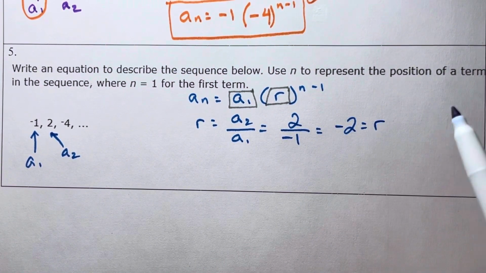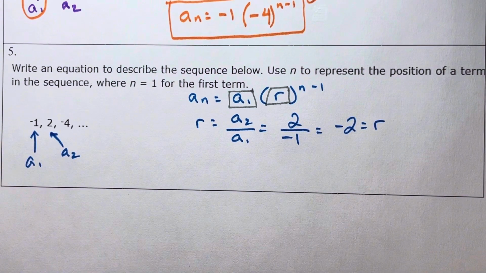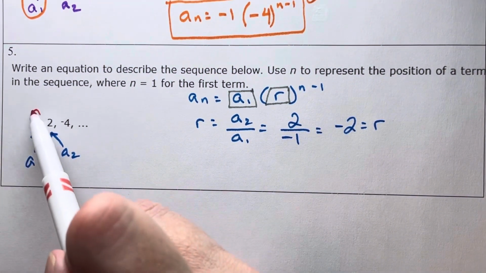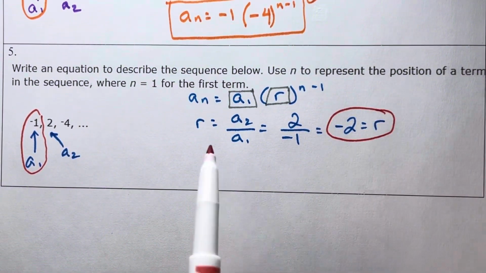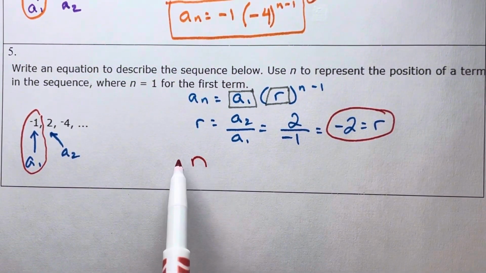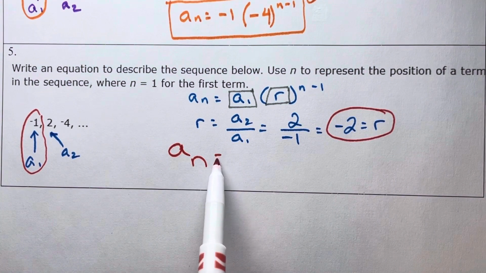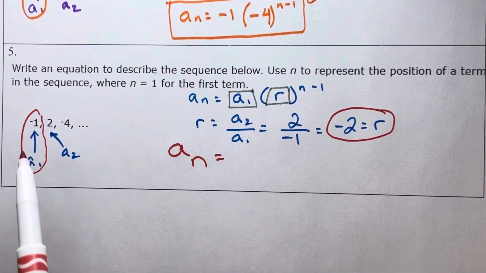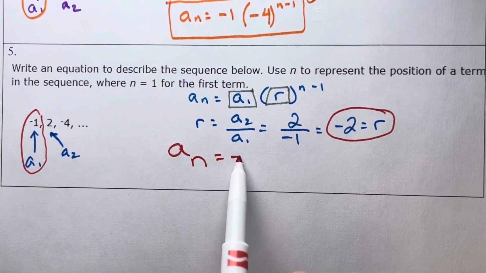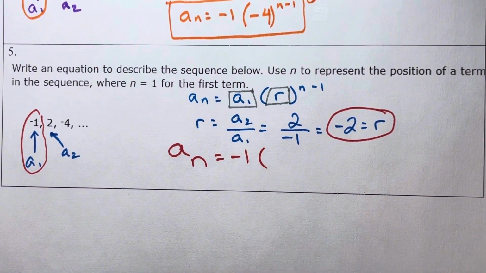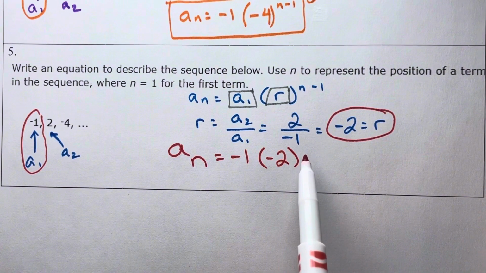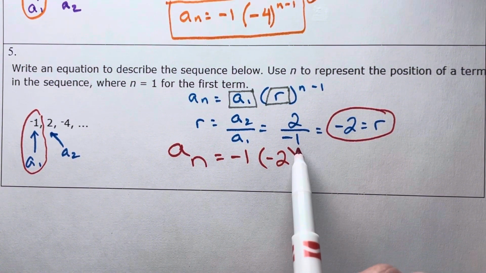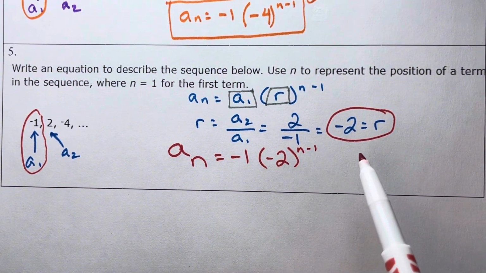-2 being r. So now that we know exactly what the first term is and what the r is, we can write our equation. A sub n is equal to the first term, which is -1, times the quantity of -2, our r, to the n minus 1 power.